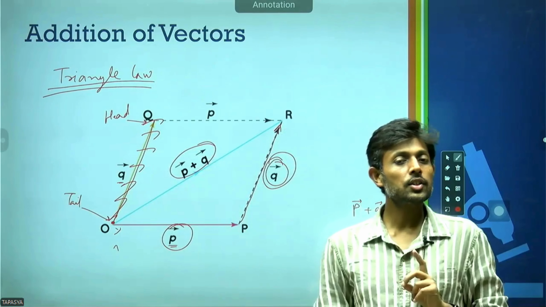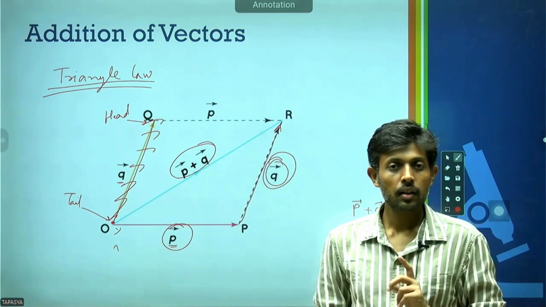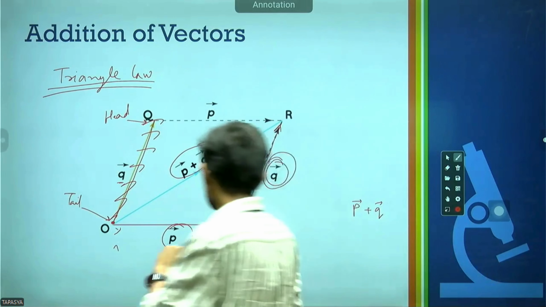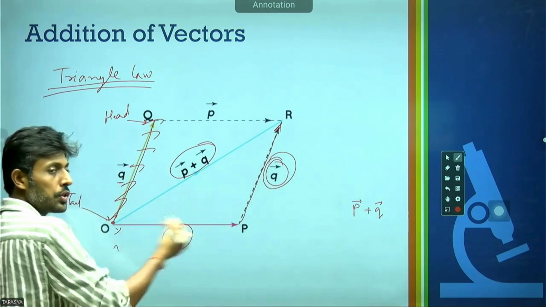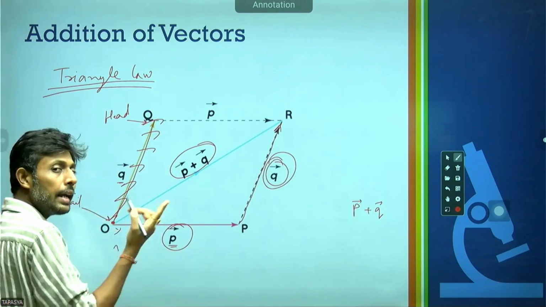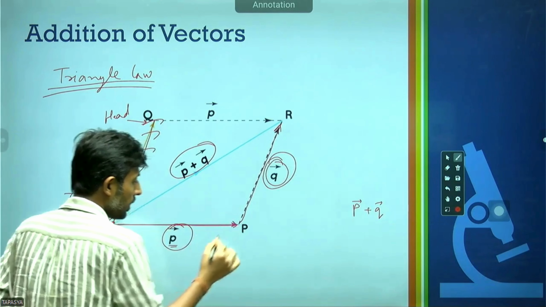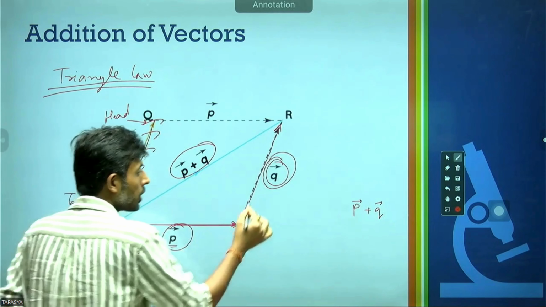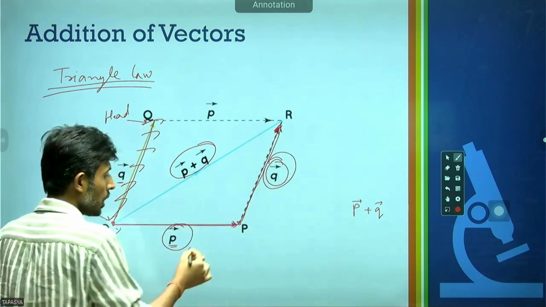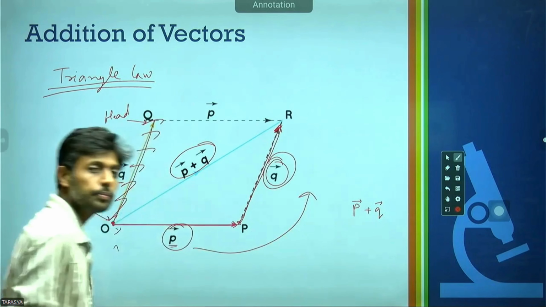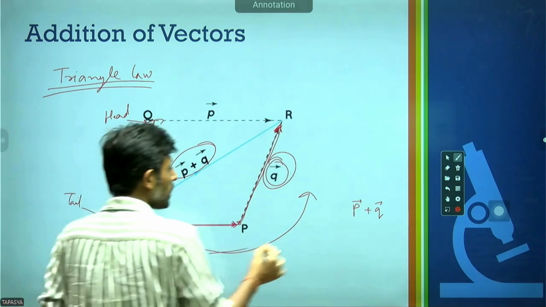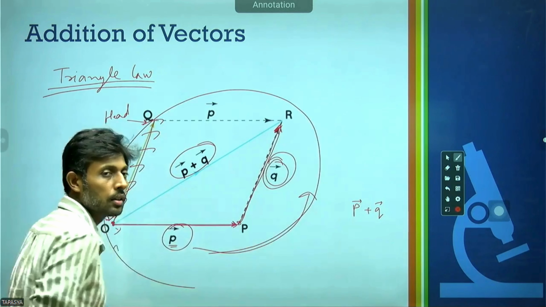What about the direction of the two vectors? Look at the order in which we are going. We are going in the anti-clockwise direction, from this point towards the head, and then from this point towards the head of vector Q. I'm going in this direction, right? So my order is anti-clockwise.